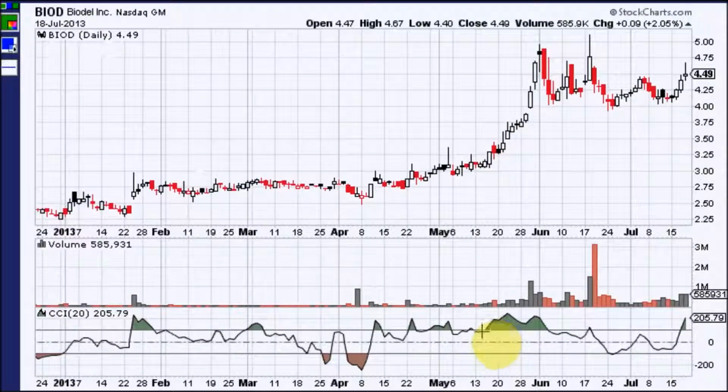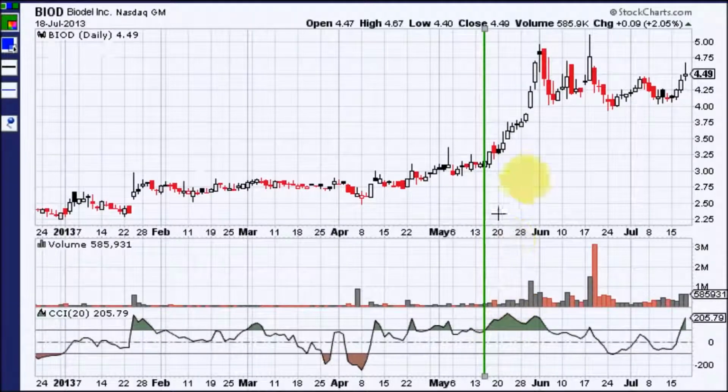According to the book, this was a good buy signal, according to Mr. Lambert, because the CCI crossed up through the plus 100 line and the stock took off from about 3.25 to about 5.25. Nice reversal candle right there, and it pulled back probably to the 38% fib line.